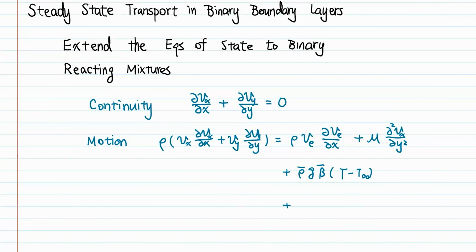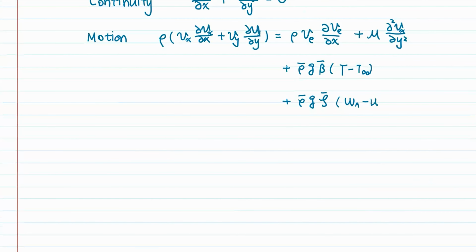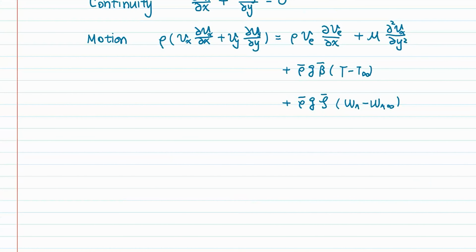And then we have another term that affects buoyant force, which is the concentration gradients. So C, or maybe we used mass fraction. So W sub A minus W sub A infinite.